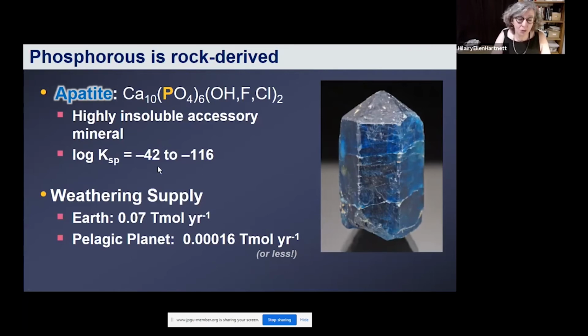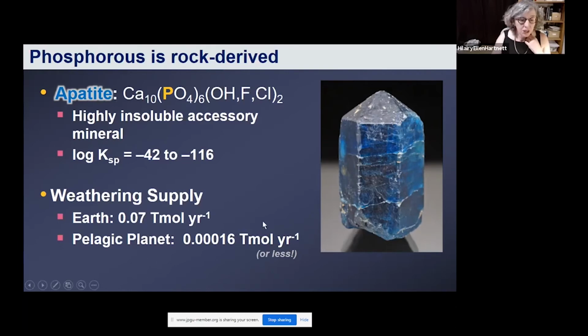Not very soluble. Now, surface complexation reactions help and increase the solubility, but still maybe no more than 10 to the minus 25. Because of this, on Earth, the phosphorus supply from weathering is pretty small, 0.07 teramoles per year.